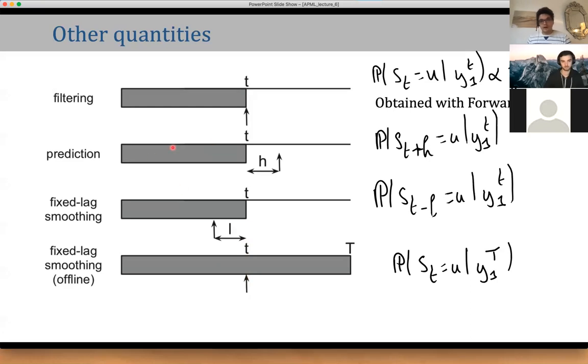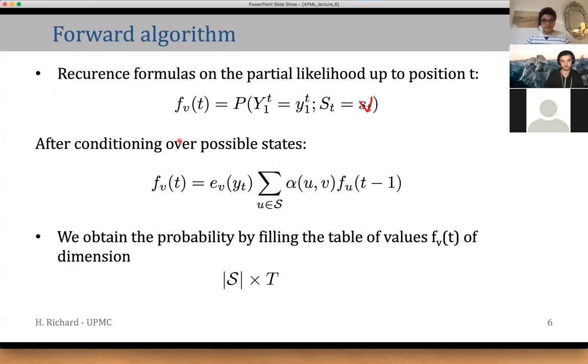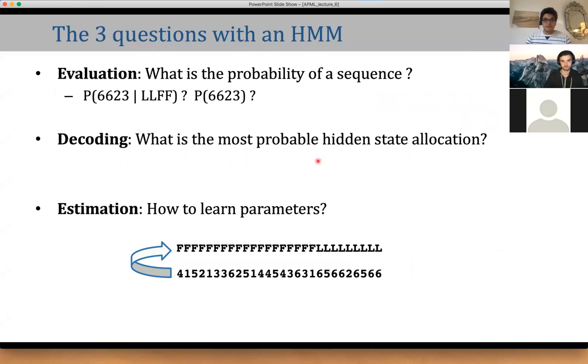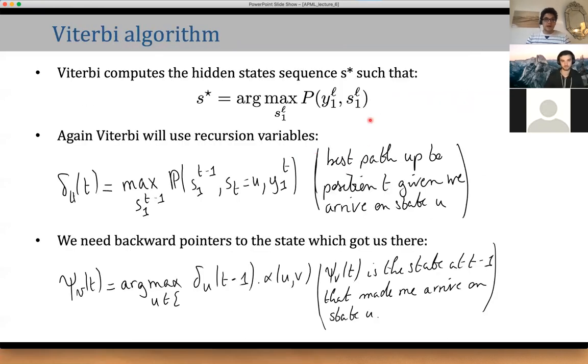So now let's go to our problem of decoding. What is the most probable hidden state allocation? To do the decoding, we will use an algorithm called the Viterbi algorithm, and it works in ways which are similar to the forward algorithm. With the forward algorithm, we did products of probabilities and we summed them. Here we do a max product.